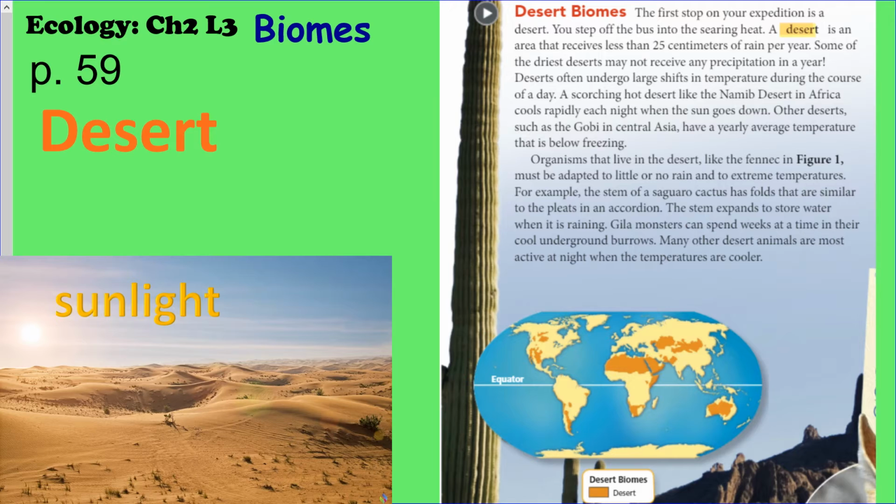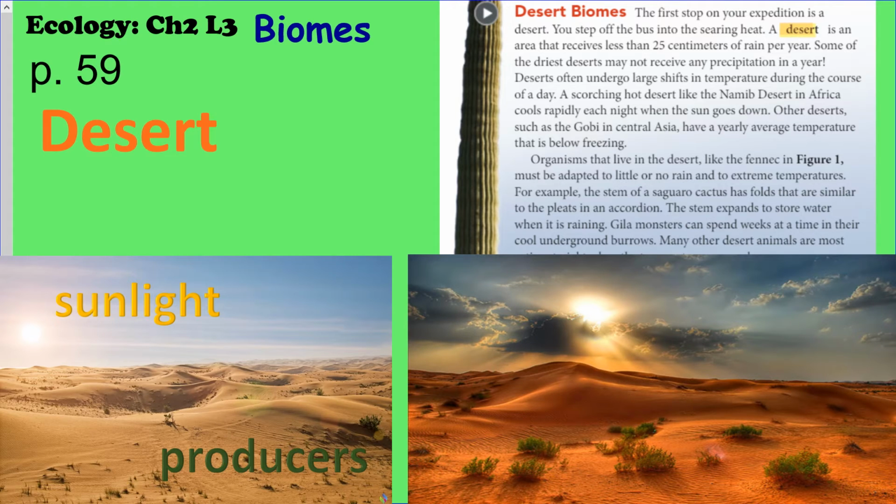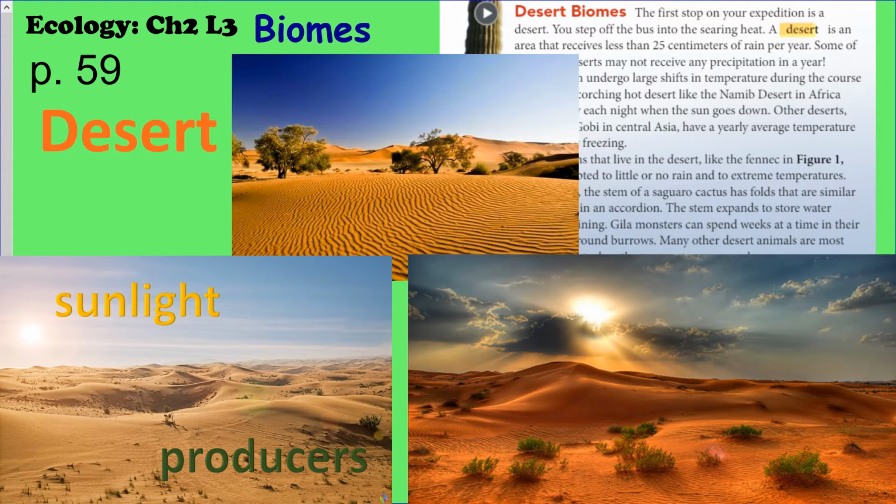They are actually the hottest areas that we'll find on our planet. And then very few producers, as I said, right? A couple grasses here and there, maybe some cacti, but just not very many. Usually it's pretty sparse when it comes to area, and we don't have an abundance of lakes and rivers and streams that are going to fill that area.